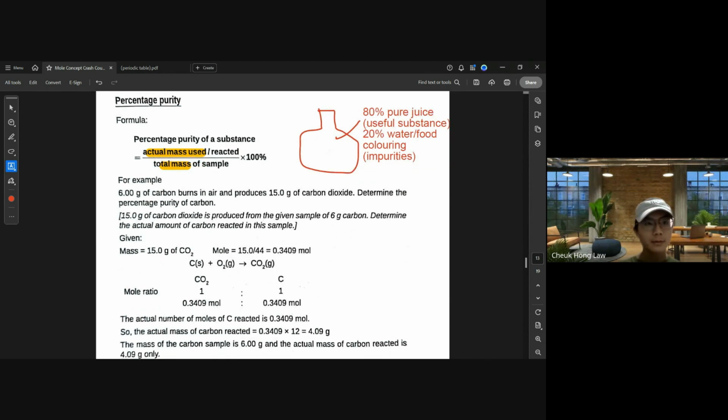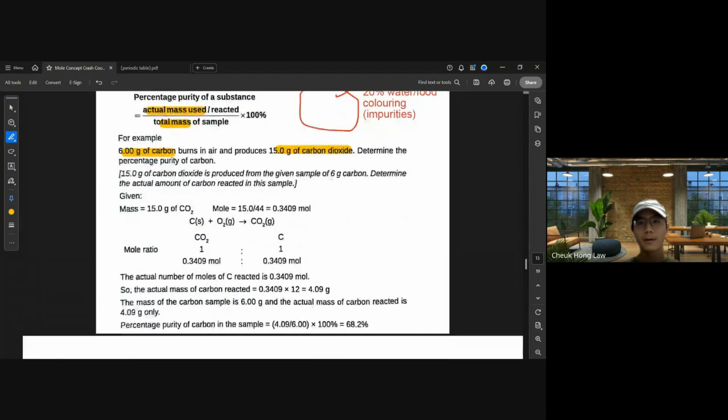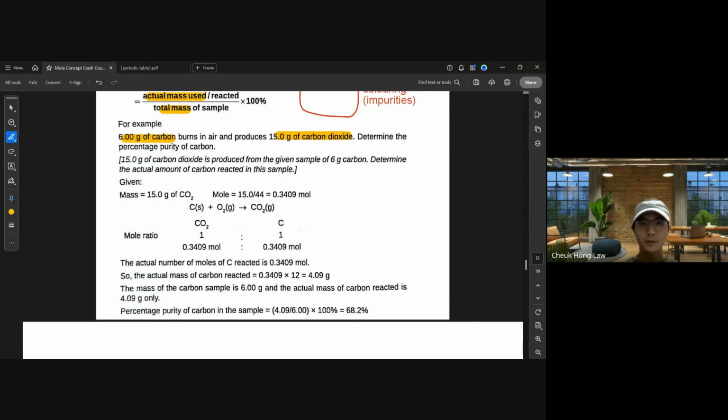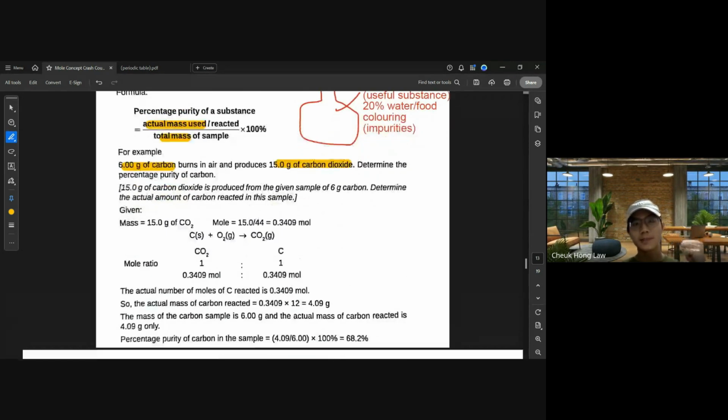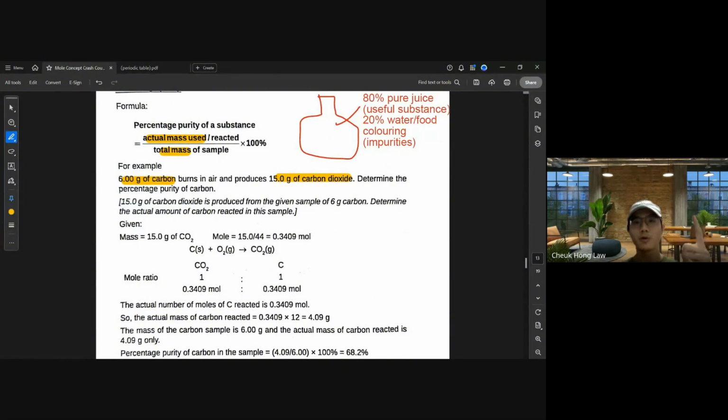So for example, 6 grams of carbon burns in air and produces 15 grams of carbon dioxide. Determine the percentage purity of carbon. That means they want you to determine what is the actual amount of carbon reacted. Then I can find the percentage purity. So first I find the number of moles of carbon dioxide. When it comes to percentage purity or percentage yield, you always want to find the number of moles of the substance that is already produced.